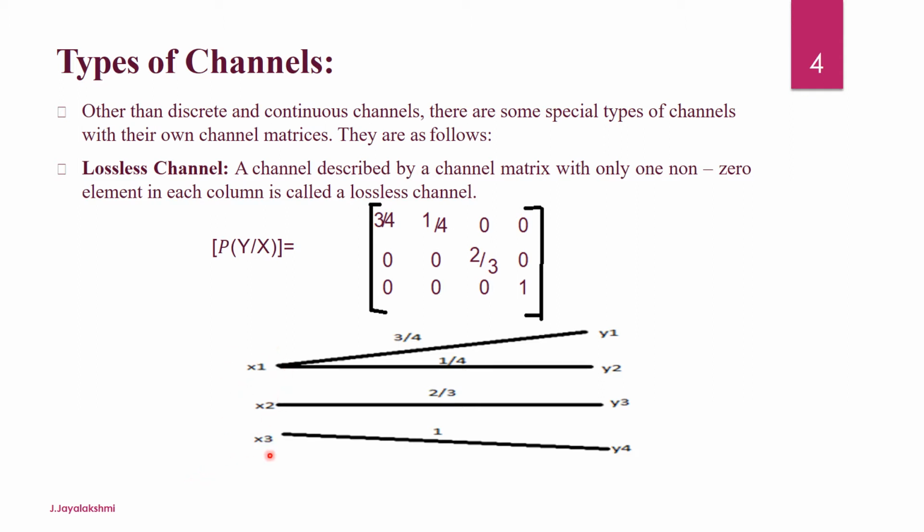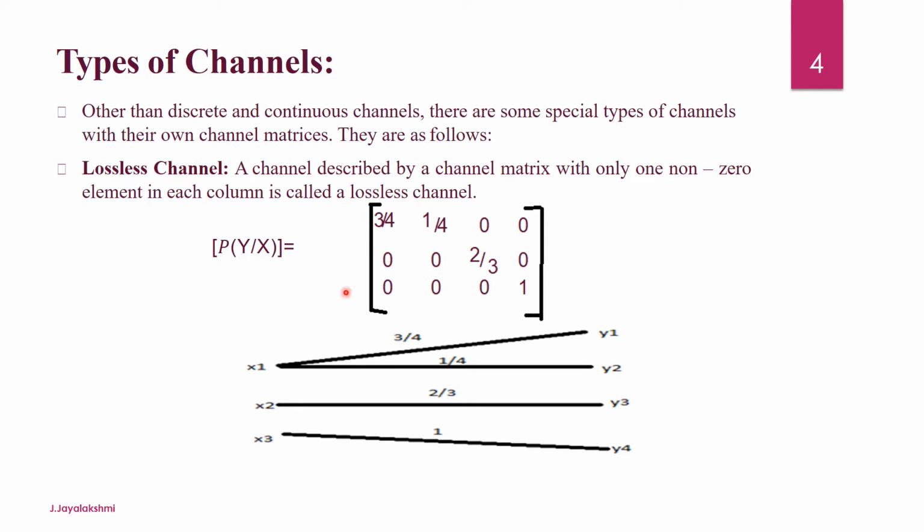Here there are three input variables x1, x2 and x3, and four output variables y1, y2, y3 and y4. x1 is delivered to y1 with probability 3/4, whereas the probability of x1 being delivered to y2 is 1/4. The probability that x2 is delivered to y3 is 2/3, and the probability of x3 being delivered to y4 is 1.